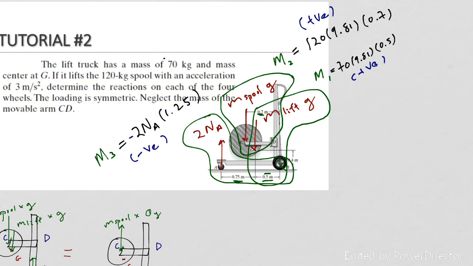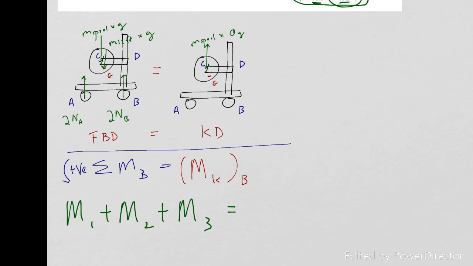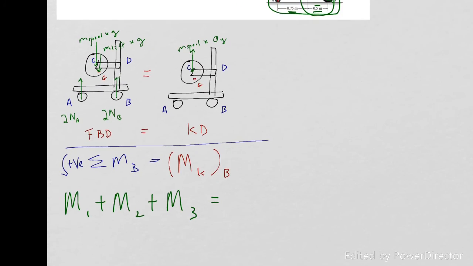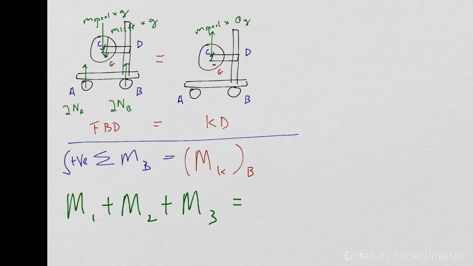So if I put all of them together, M1 plus M2 plus M3 will be my free body diagram moment on my left hand side. So all this together, M1, M2 and M3. And on the right hand side, which is the summation of moment, kinetic diagram.